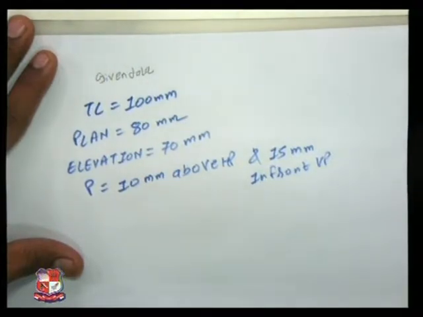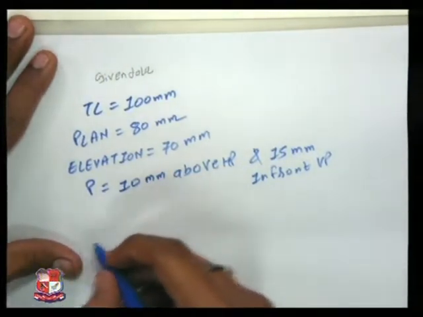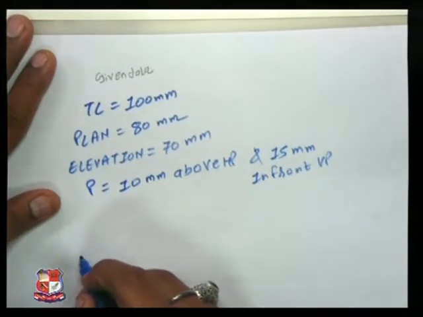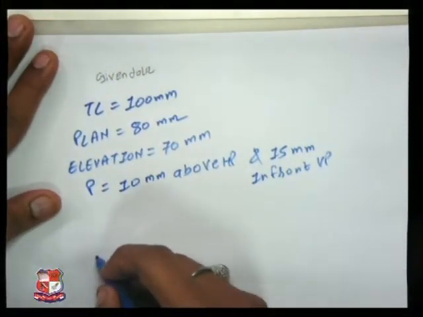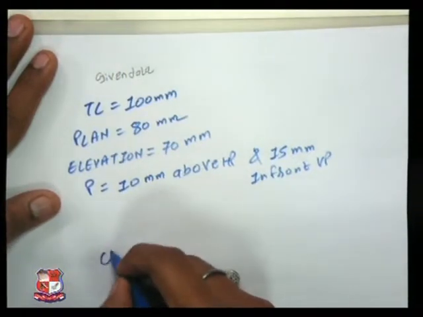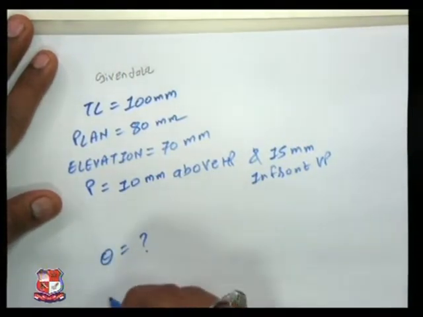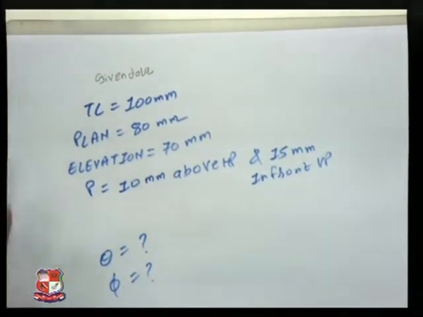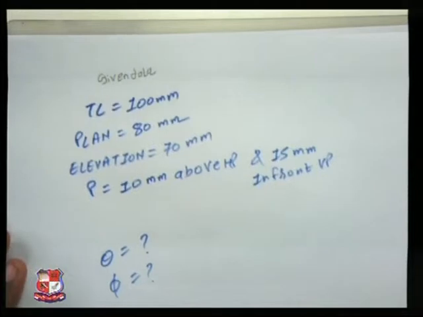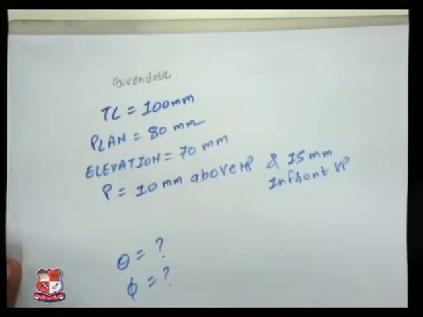We need to draw projections and find theta, that is the angle with HP, and phi, the angle with VP. We need to find this out. So we will now see how we can proceed further.